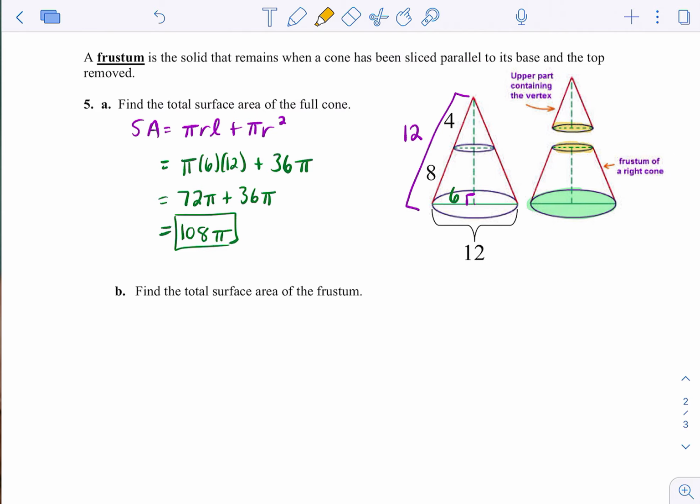And so if we think about this, when I calculated the total surface area of the cone, the only parts I need to do now is remove the top part, and then add in that circle, which I could easily do with the area of a circle. So I just need to figure out what the area of this upper cone is, and then I can subtract that off. So that is going to be our next task.